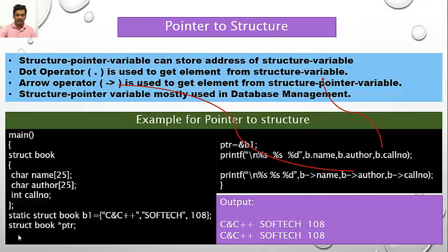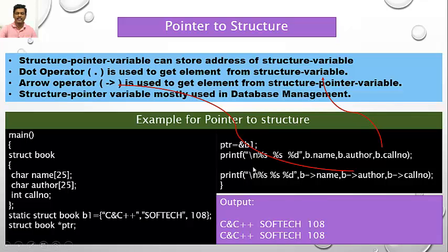If we want to declare a structure pointer variable, we write struct book *ptr. ptr equals &b1. In this statement we assign the address of b1 into ptr because b1 is a structure variable. So we get the address of b1, then assign it to ptr.